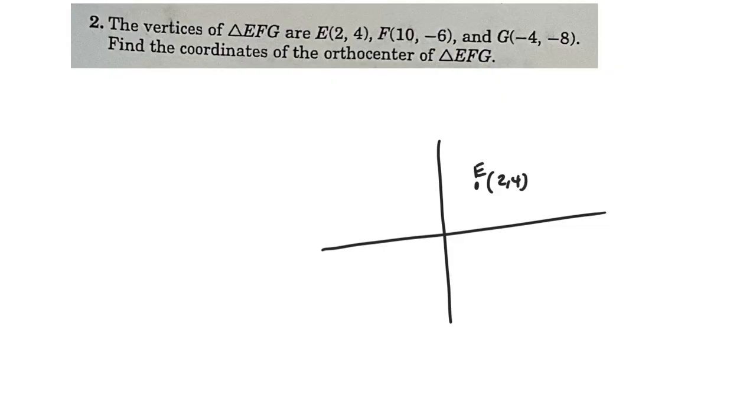We have a point at 10 comma negative 6, that's here. That's F. And another point at negative 4 comma negative 8. So that's about here, and that's G.